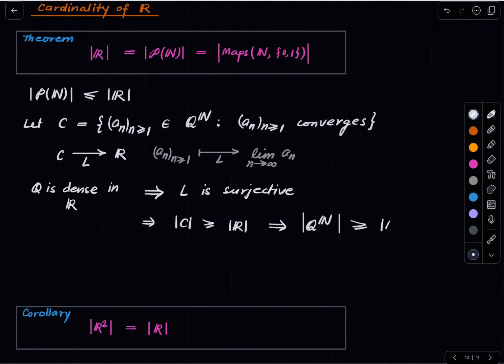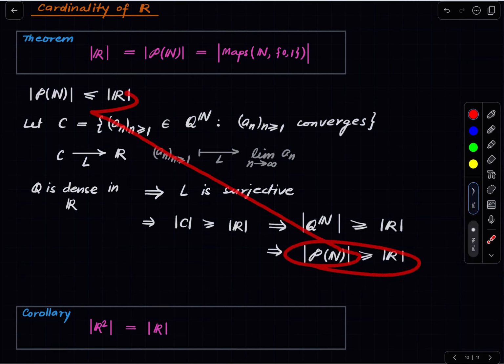So we have this, but by the previous preparatory lemma, the cardinality of all rational sequences is same as the power set of n. So we have this, but now you combine this and that and use the Cantor-Schroeder-Bernstein theorem to deduce this. So we have nailed down the cardinality of the set of all real numbers.